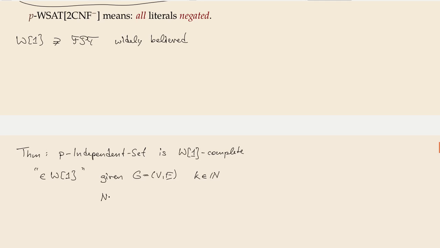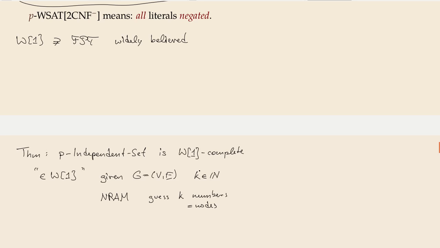Now, how would an NRAM solve this problem? You would guess k numbers, which we can equate with the nodes. We can assume that they're encoded by the numbers 0 up to n, if you like. So you guess k such numbers.